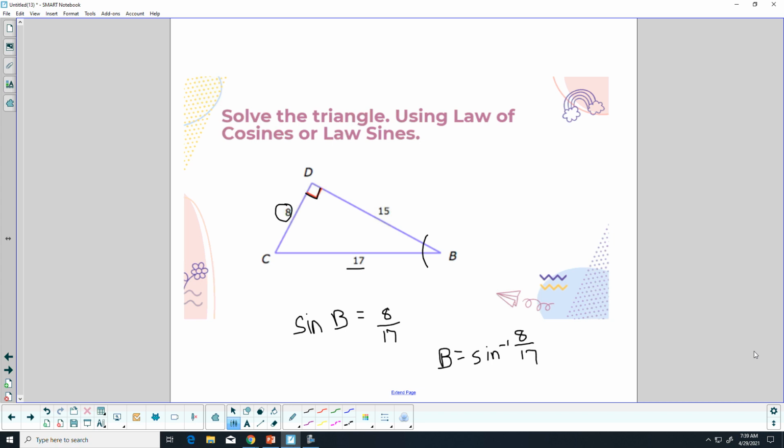Second sine 8 divided by 17, and I get 28 degrees. And that does seem reasonable. And then I know the angle C, that all three angles have to add up to 180, so I can just take 180 minus 90 minus 28, and I get 62. And I'm rounding to the nearest degree on this one.